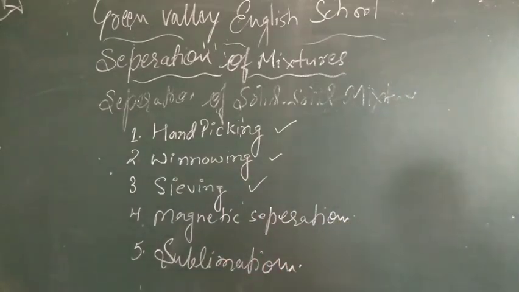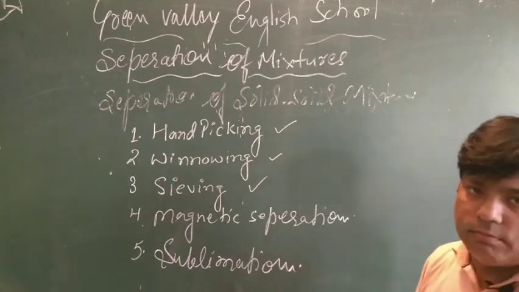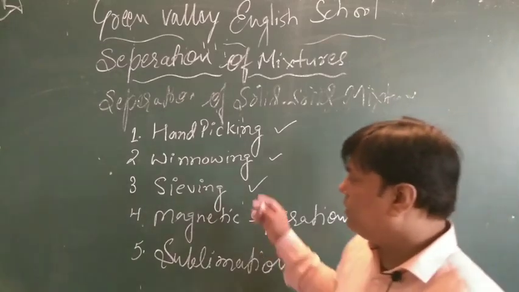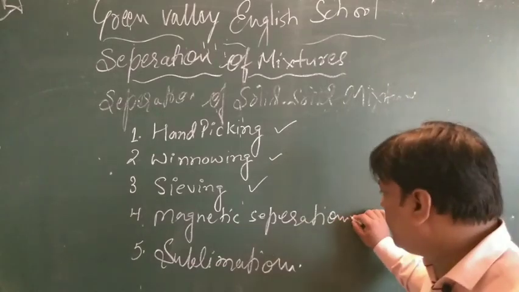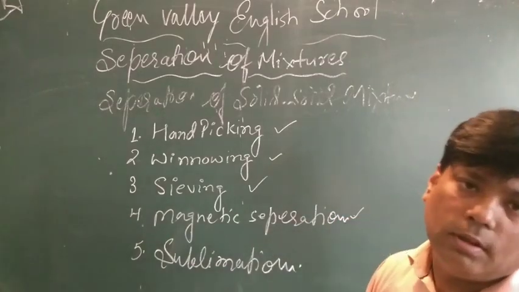Now the third one is called sieving. Sieving is the method of separating the components of a mixture that are of different sizes by using a sieve. And fourth is magnetic separation.